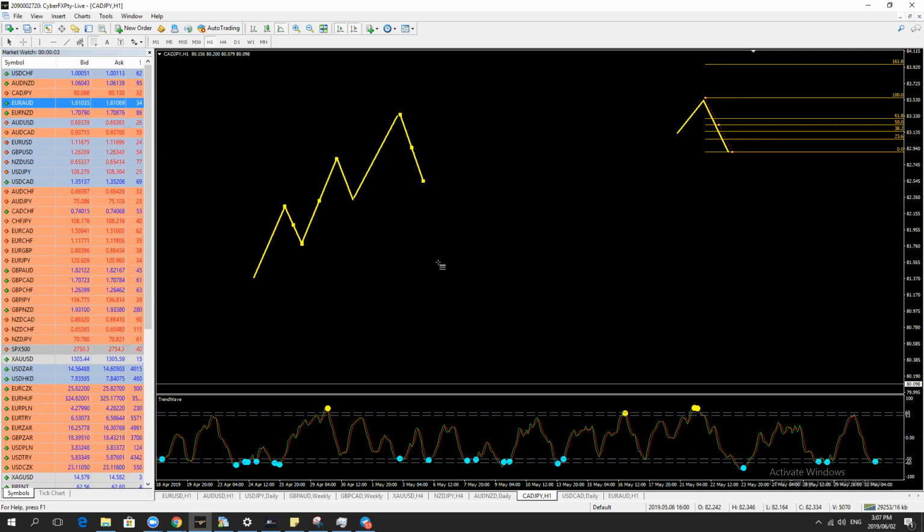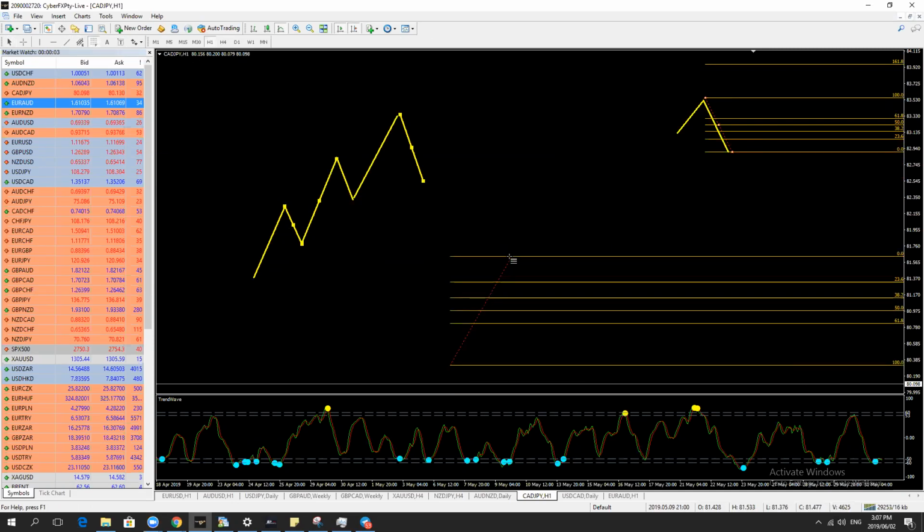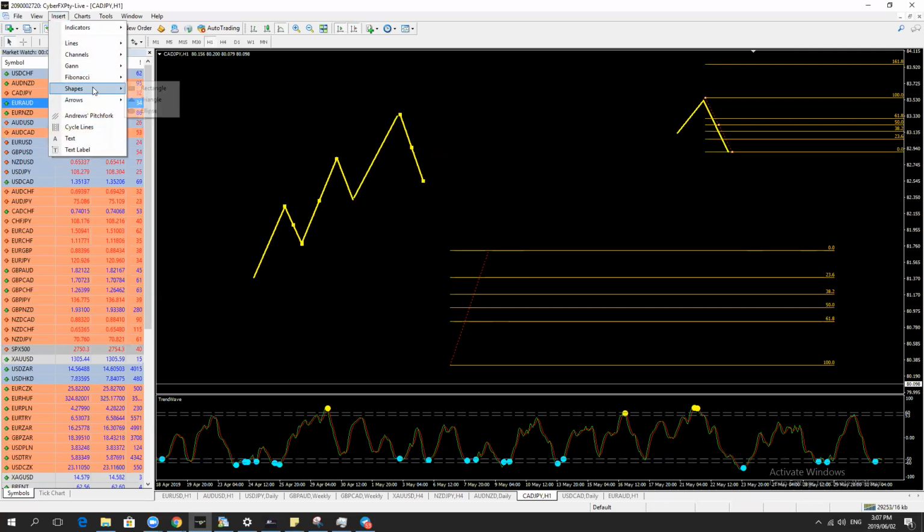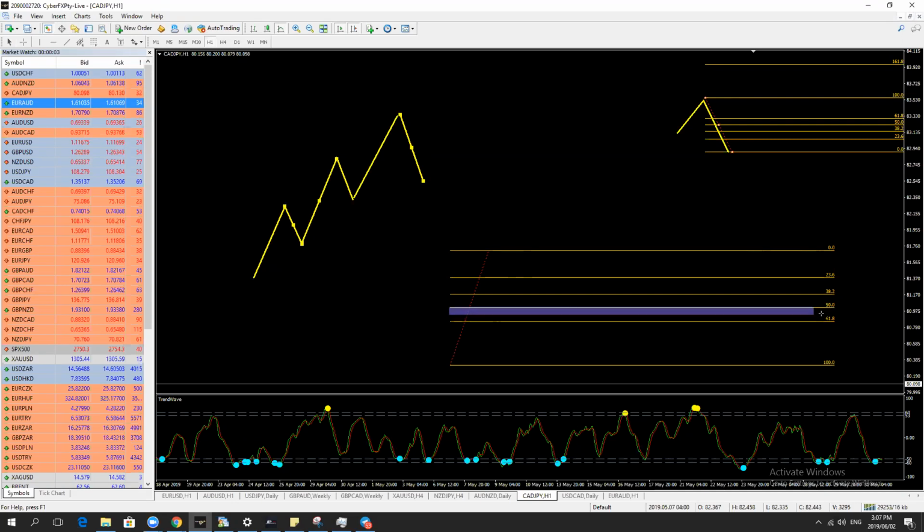Now, second thing is, after drawing it, the only zone we're focusing on is this zone here, this area here that I'm highlighting. That's an area between 50.00 and 61.8. That's the only area we focus on.